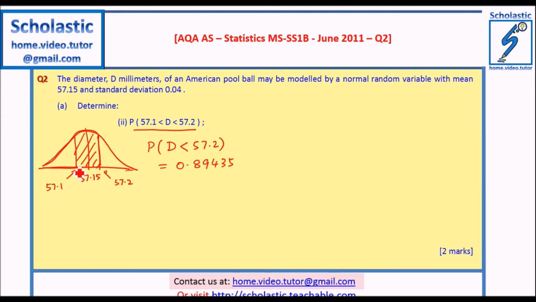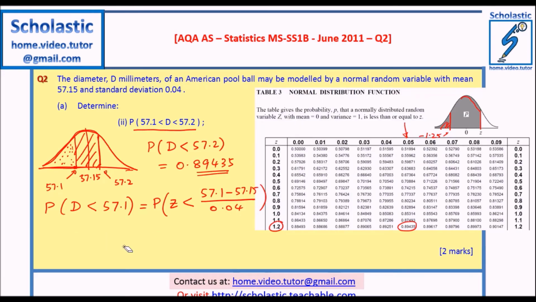Now we have to find the new area, which is below 57.1. That means the probability of D less than 57.1, and again we can find the value of Z. Z is less than 57.1 minus 57.15 divided by sigma 0.04.